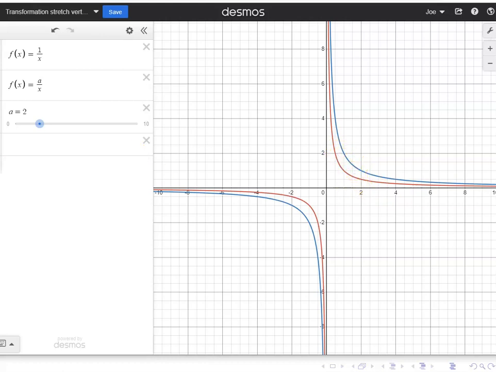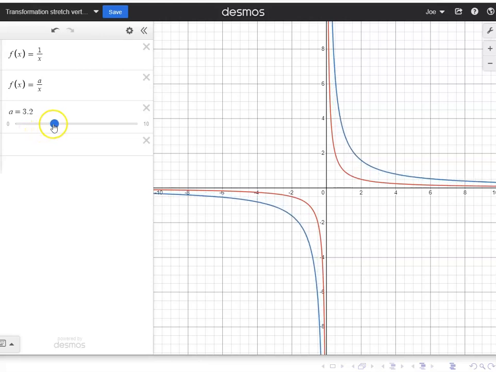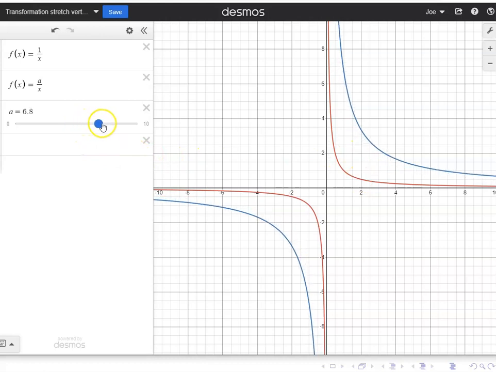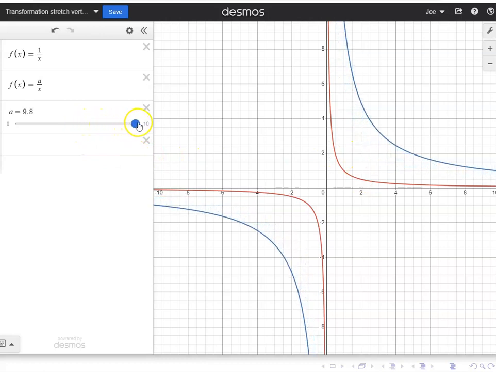It's multiplying all those y-coordinates by 2. Here we would be multiplying all the y-coordinates by 3. Here we would be multiplying all the y-coordinates by 5. And so on down the line. So notice that the larger we make the a value, the bigger that we multiply by, the farther away from the axis it gets.